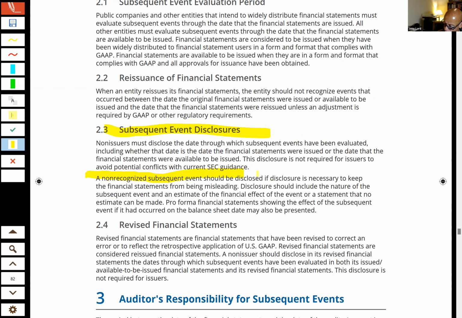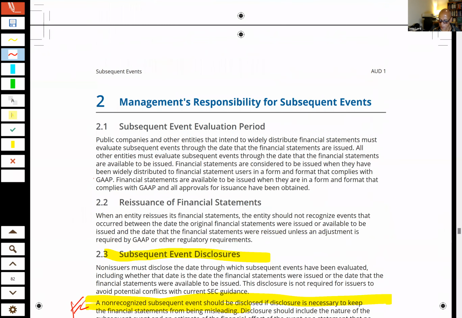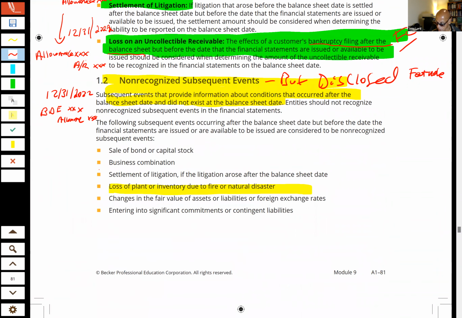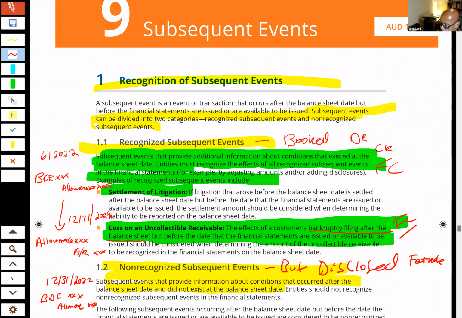But the thing that I want you to definitely flashcard is that non-recognized subsequent events need to be disclosed, and recognized subsequent events have to be booked, and there's disclosure.